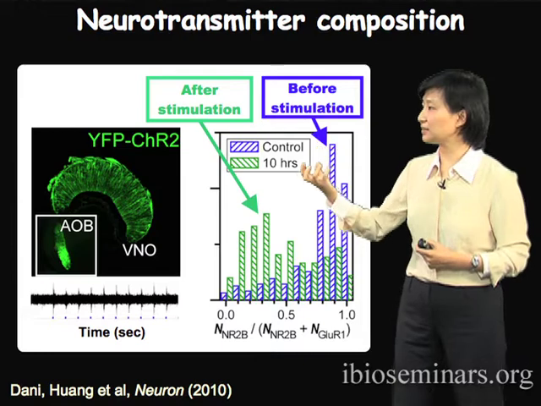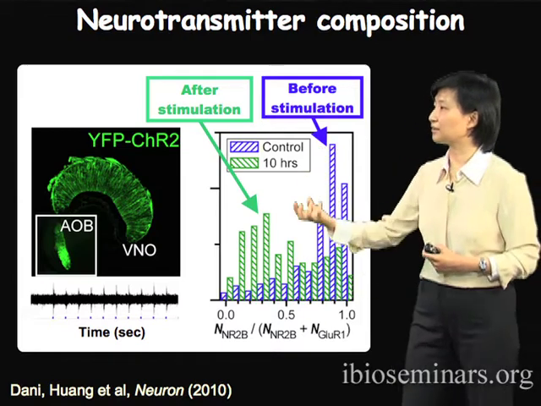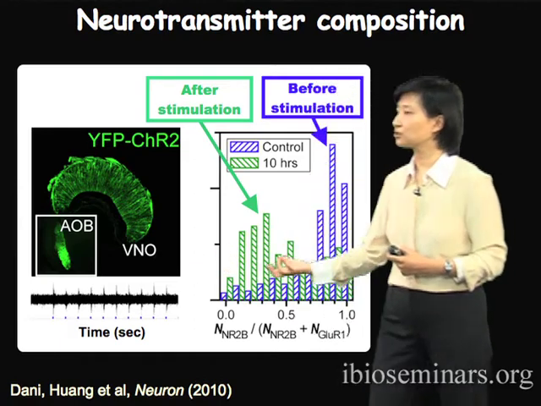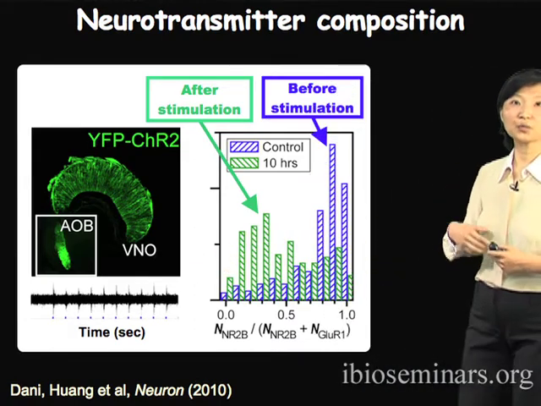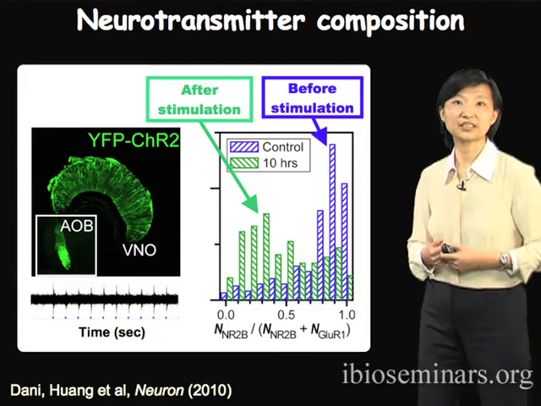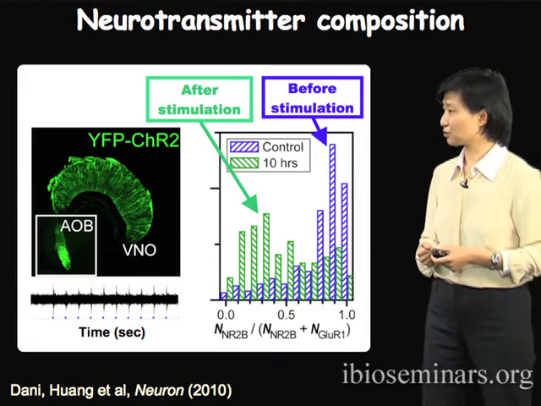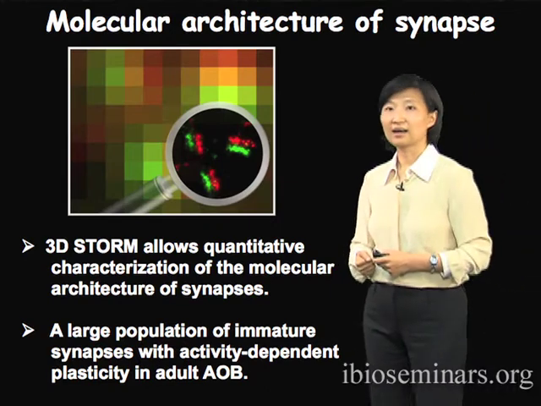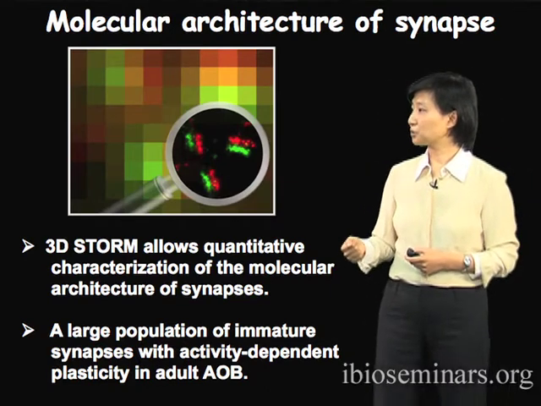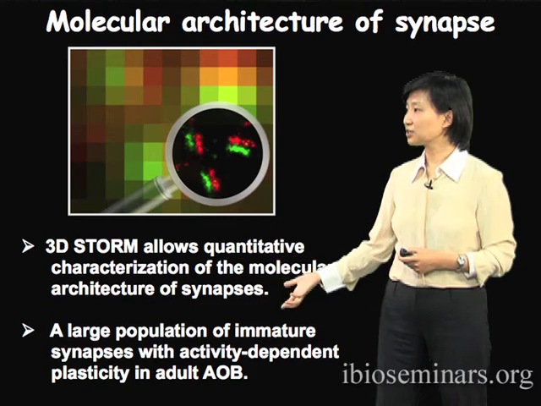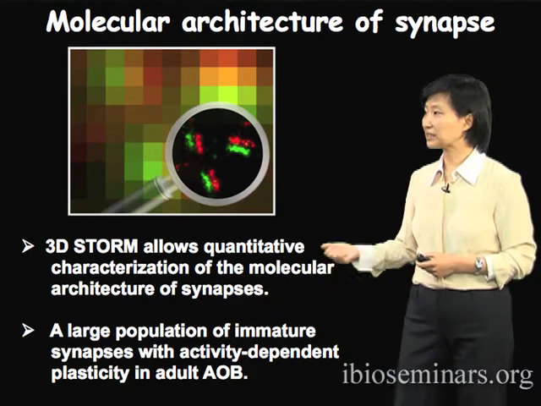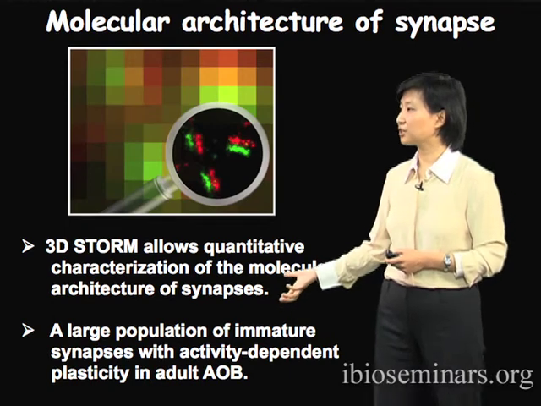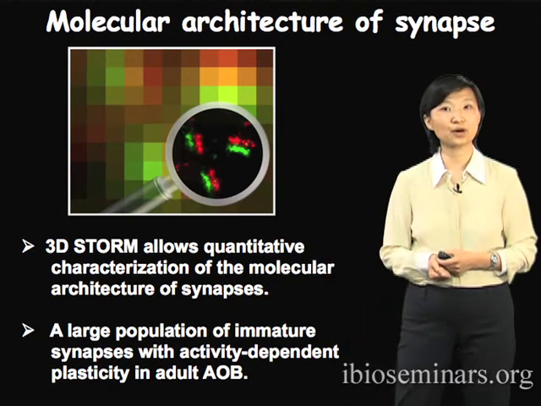You can see indeed these synapses that have low GluR1 content matured towards the right side by accumulating GluR1 and also by decreasing their NR2B content. So with this example, I hope to have shown you that 3D STORM allows quantitative characterization of molecular architecture of cellular structures as small as synapses.